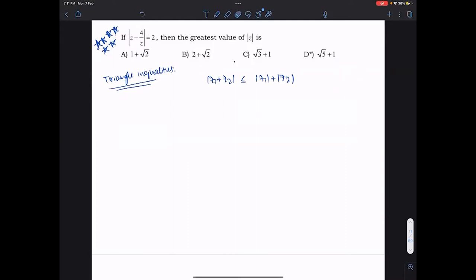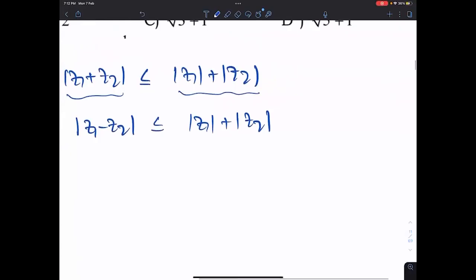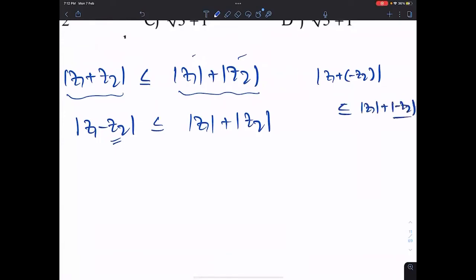Or you can think of it as the sum of two sides of a triangle being greater than the third side. Another inequality: mod of Z1 minus Z2 is less than or equal to mod Z1 plus mod Z2. Because, if you understood the above one, I can write minus Z2 in the place of Z2, and mod minus Z2 is the same as mod Z2.